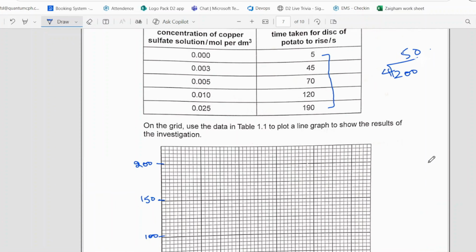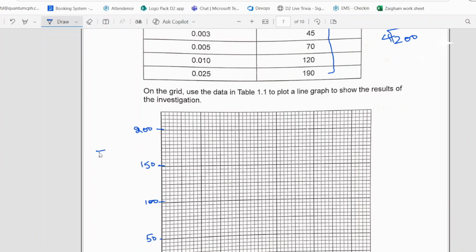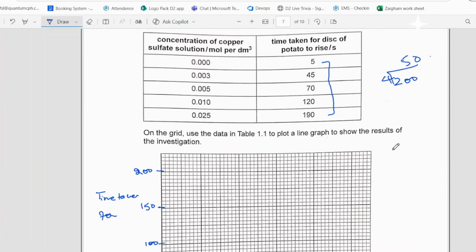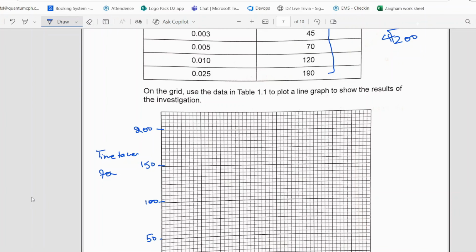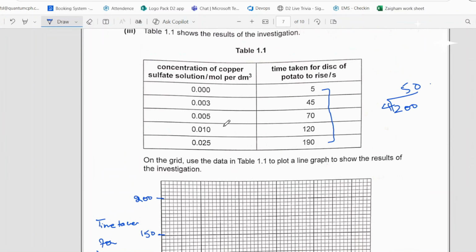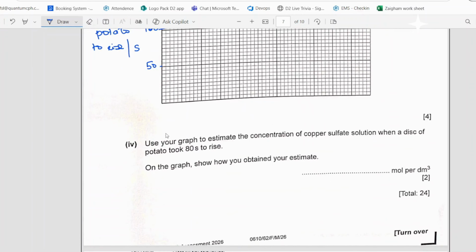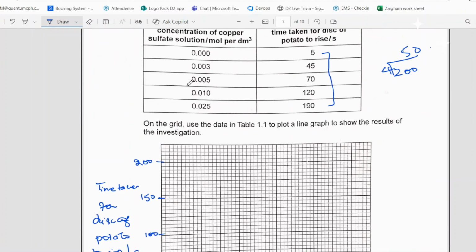So let's say time taken for a disc of potato to rise, and the unit is second, and the other one is the concentration of copper sulfate solution, in mole per cubic decimeter. Now how to choose the scale over here?